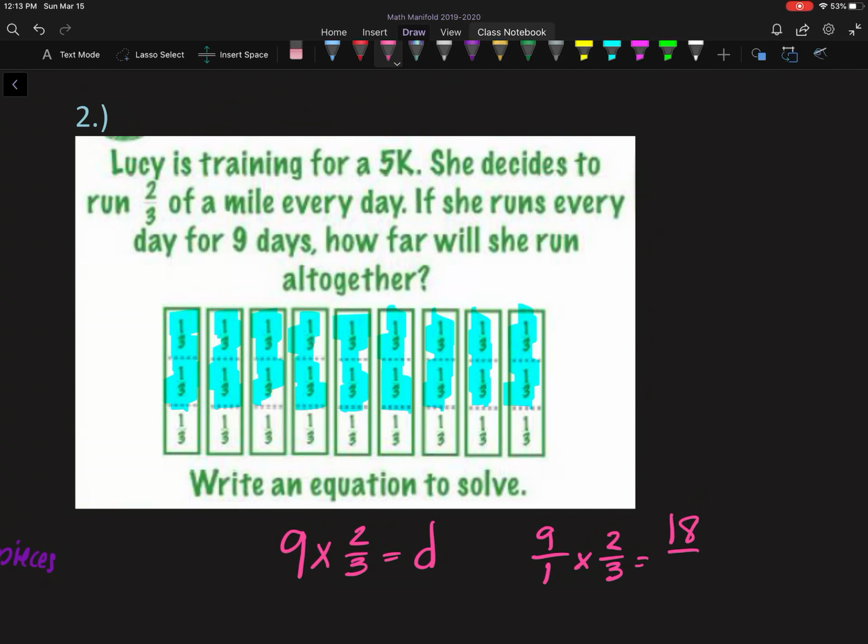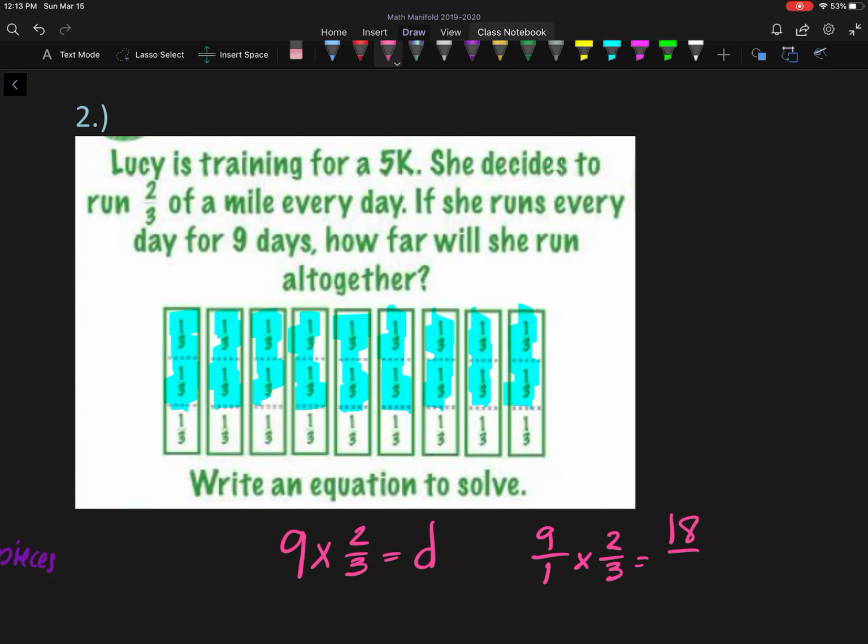Then I've got another whole here, and I can keep going and grouping them into groups of whole numbers. And then I just happen to end up with 6 even whole numbers. So here would be 1 group, 2, 3, 4, 5, and 6. So she ran 6 miles in total as she was training over the 9 days.